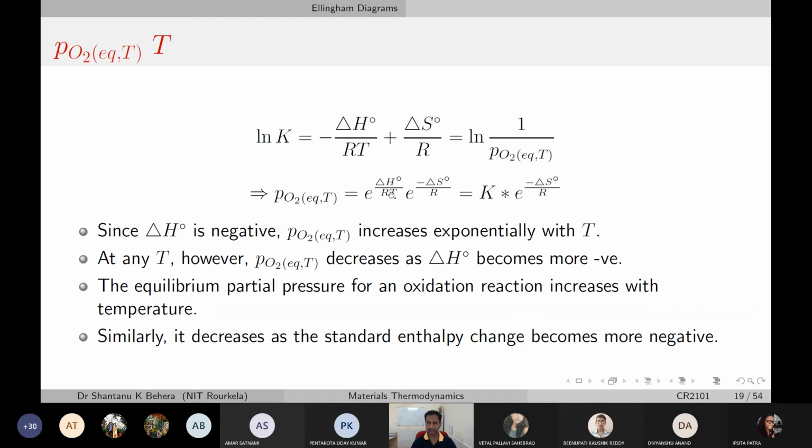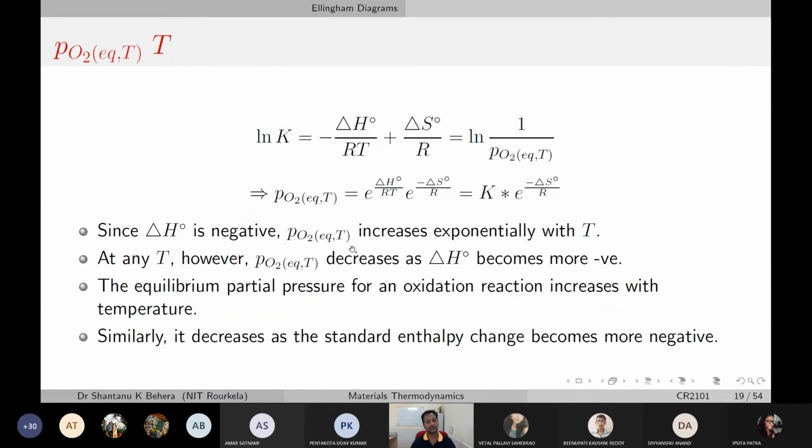So you'd see that this del H is kind of constant here, meaning the nature of del H is fixed here. Okay, it's always going to be an exothermic reaction, because we're talking about oxidation of metals, right? So you talk about any metal, when you're talking about oxidation, then del H is always going to be negative, right?